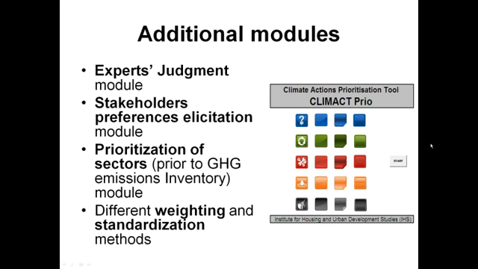So we can have an expert judgment module, with different experts judging the impact of different criteria and integrating this information. Also, different stakeholders can express their preferences within the tool, and then we determine the average and the divergence or convergence of their preferences.